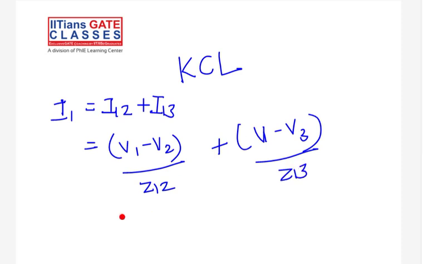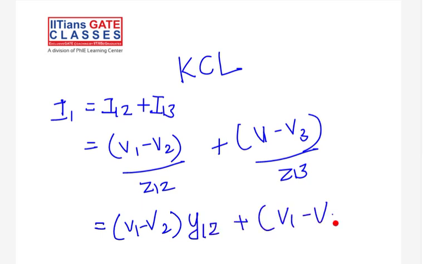So this would be V1 minus V2 into Y12 plus V1 minus V3 into Y13. Please note here it is small y. Small y represents the admittance of the line between 1 and 2, and this one represents the admittance of the line between 1 and 3, right?